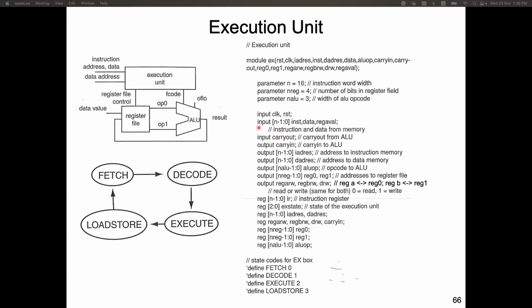And the instruction address should be the output. Let's read the inputs first. Instruction: the instruction loaded from instruction memory is a 16-bit word. That's an input port.